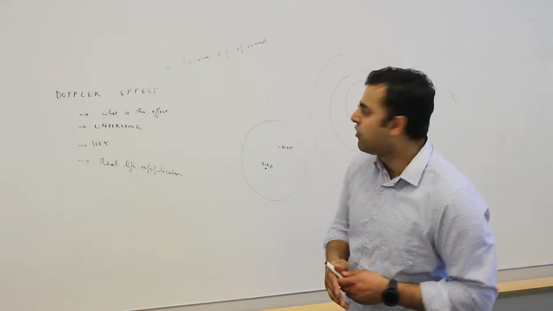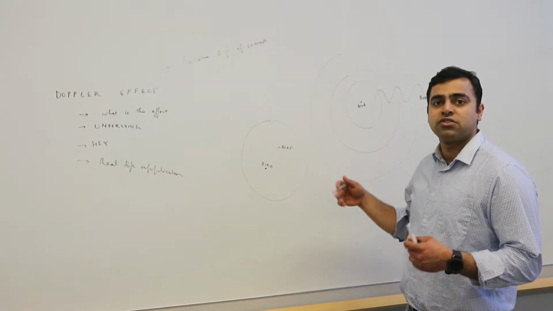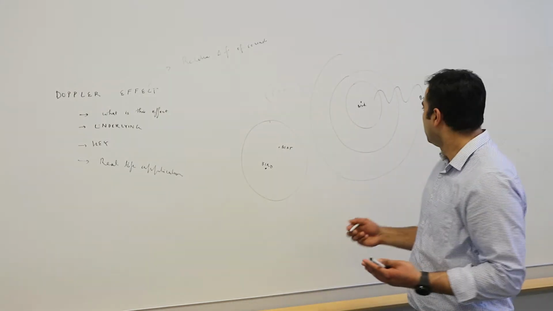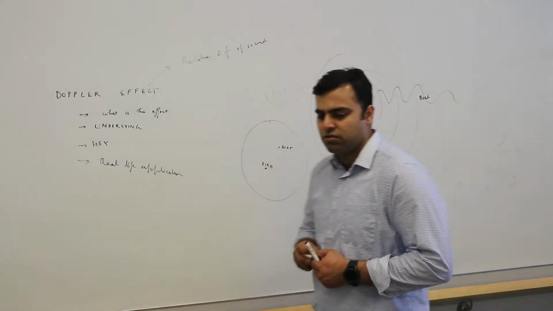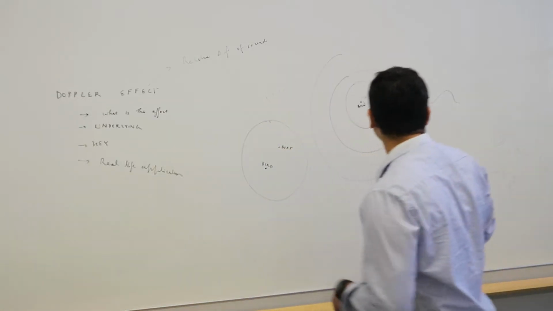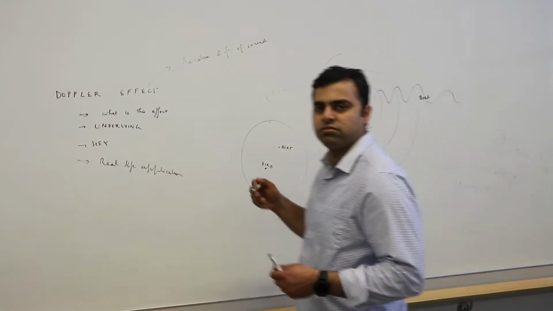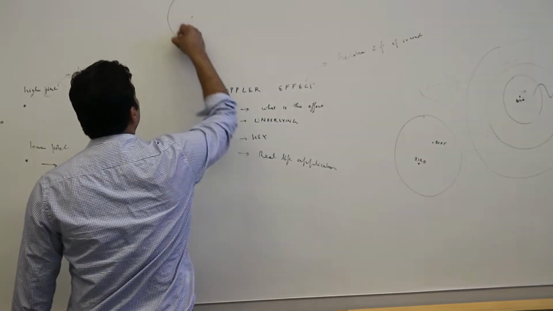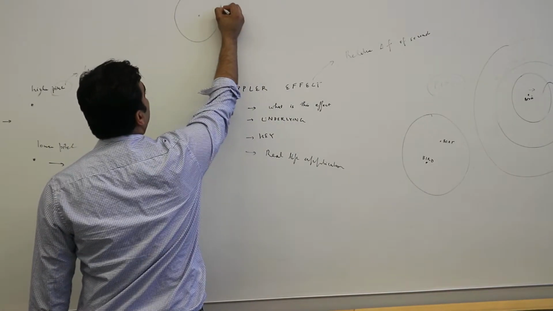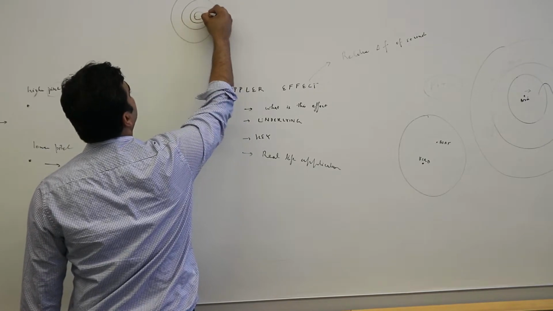Now imagine this bird starts swimming towards you. Of course, once this bird starts swimming towards you, these wave fronts will change. The new wave fronts will look like this.